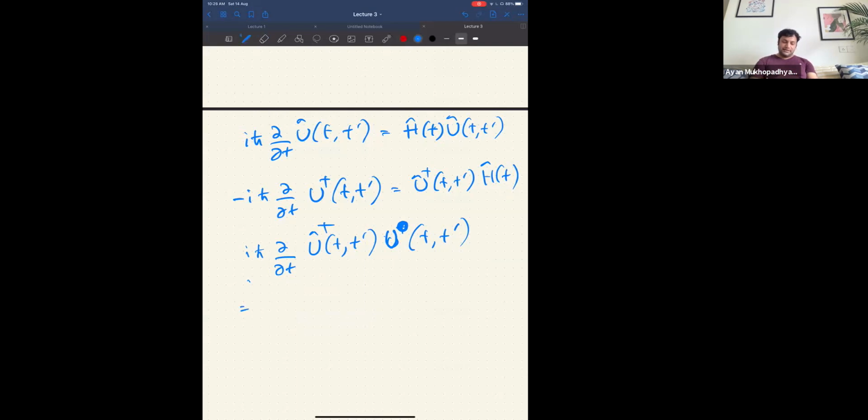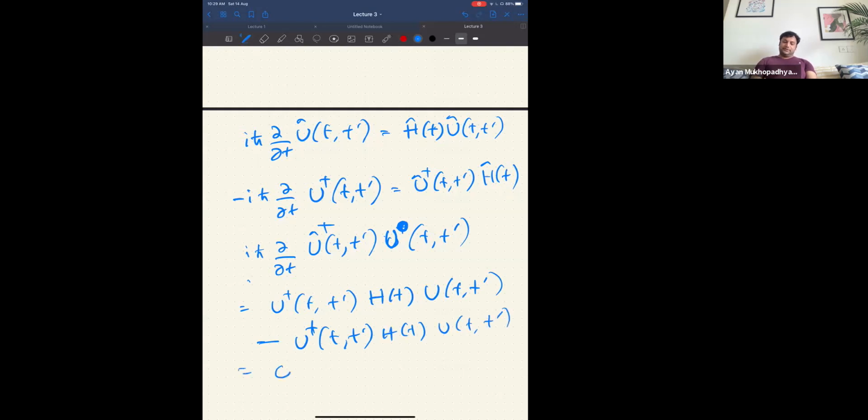If I first take the derivative here, I get U†(t,t') times H(t) U(t,t'), and when I take the derivative here, I get the same thing but with a minus sign. Right? And therefore this must vanish.